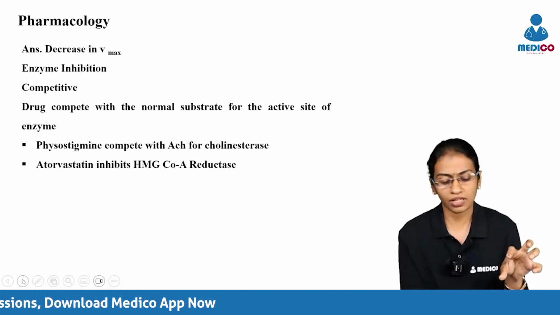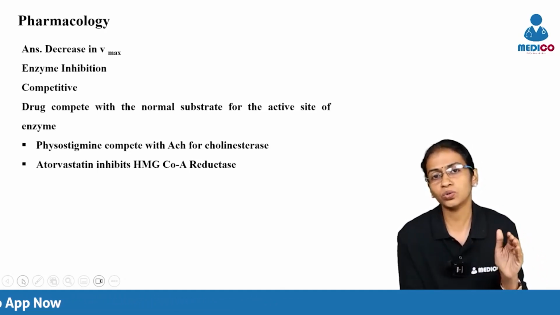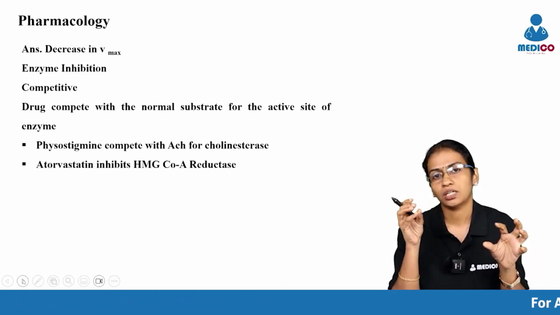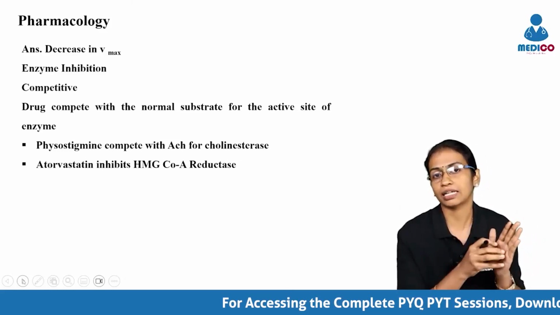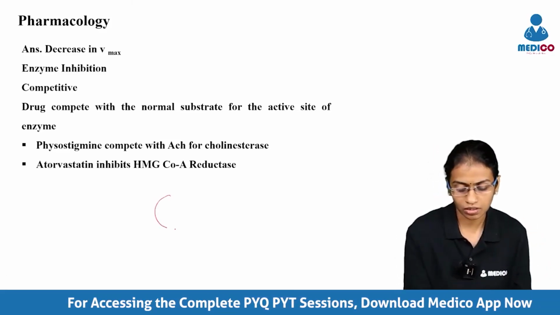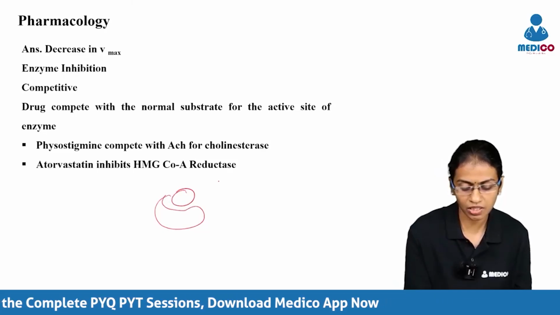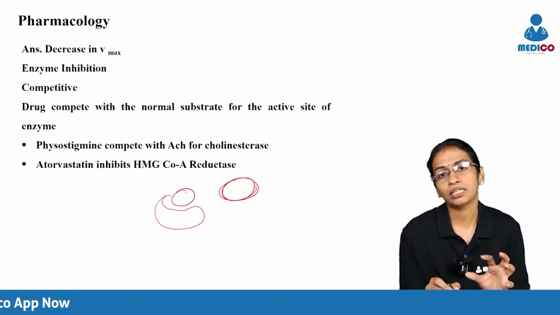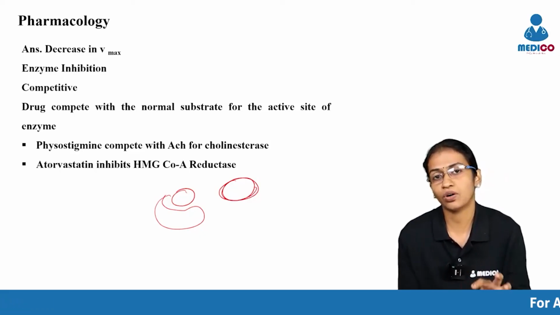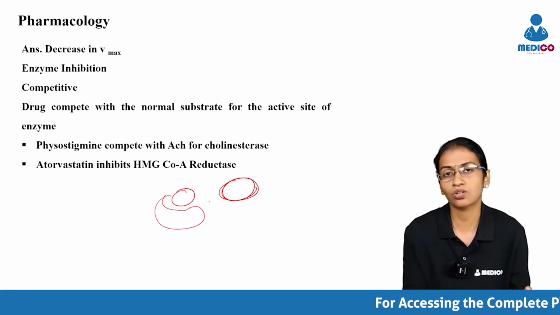In competitive antagonism, as you all know, there is a competition between the substrate and the drug for the active site. If this is a substrate, the competitive antagonist binds to the same active site of the enzyme. There is a competition.